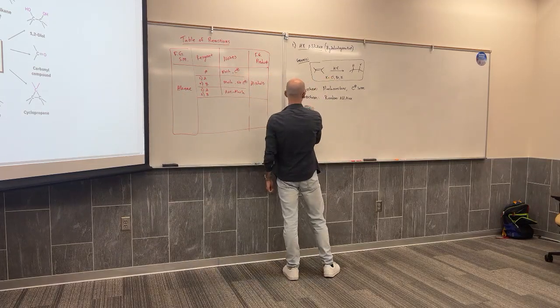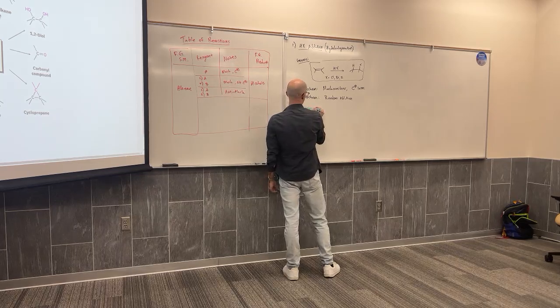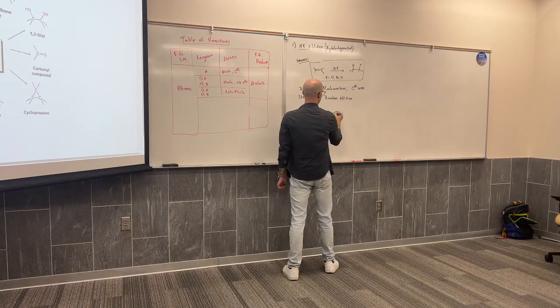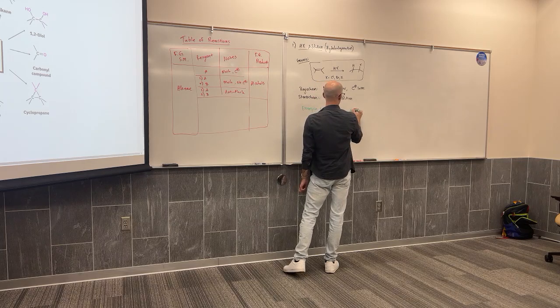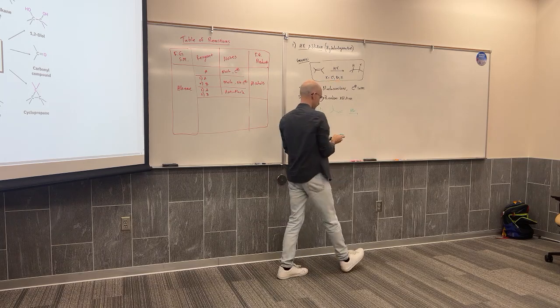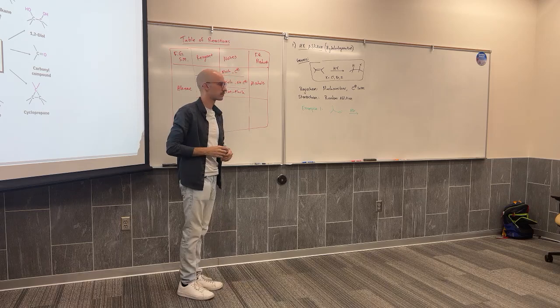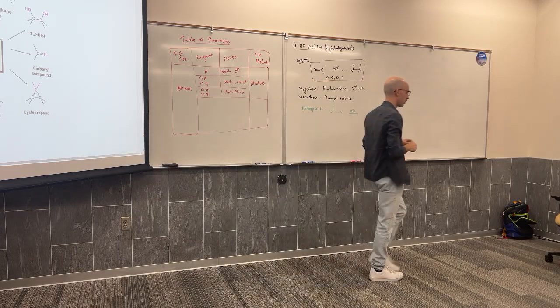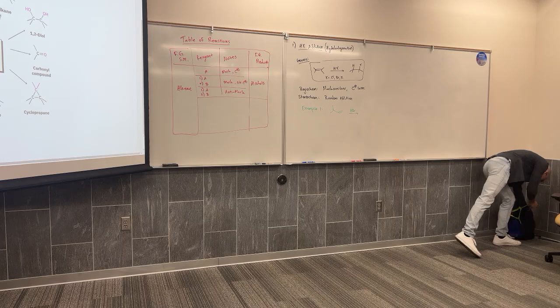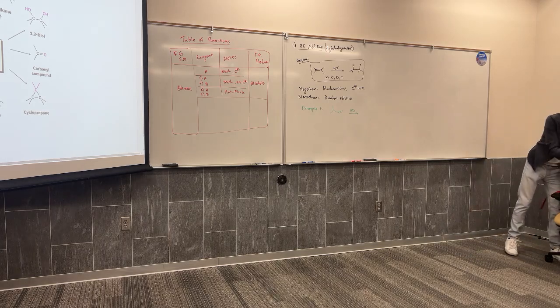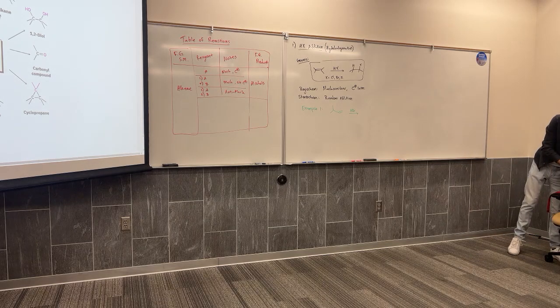Let's do a couple of examples. Let's take 3-methyl-1-butene and let's react with HBr. We've seen this one, correct? What does this form? One bromide.